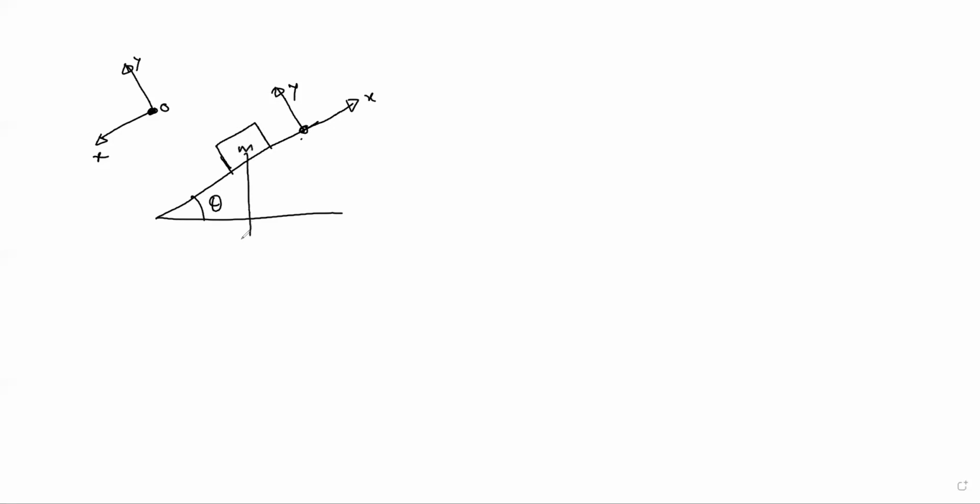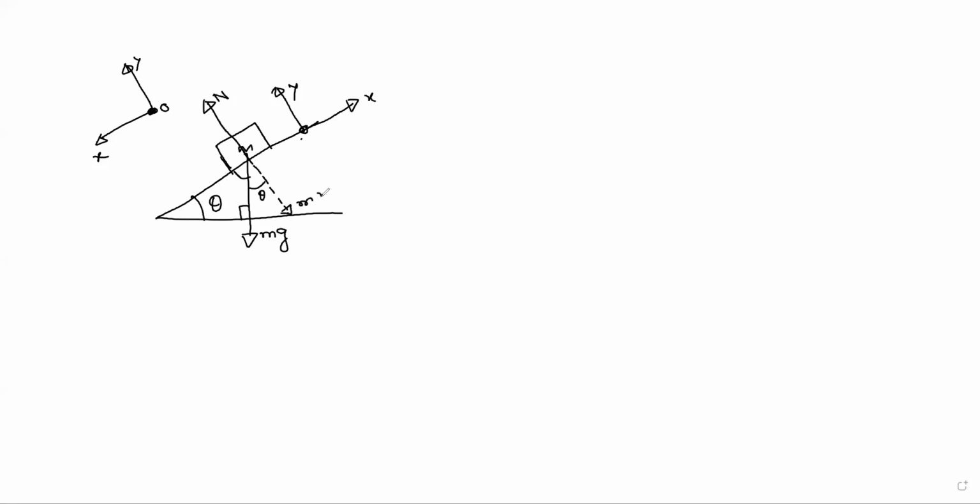Now there will be an mg, and there will be a normal force. I'll just draw this normal force extended here. Now this is 90, this is 90 minus theta, and this is theta. So you can divide the mg into two components.